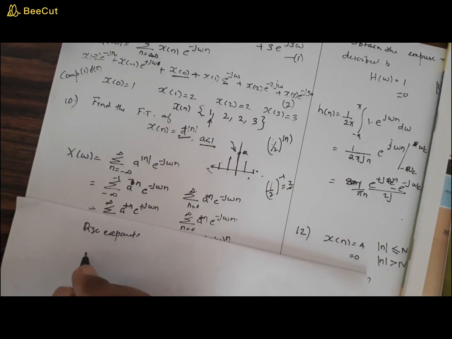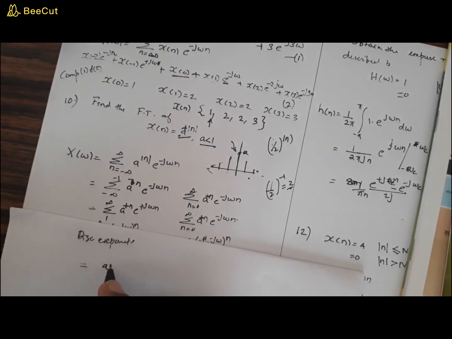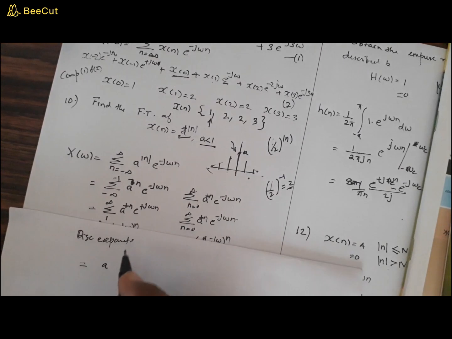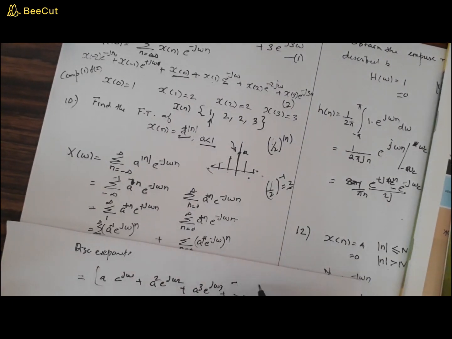As you put values for n equal to 1, you will get e raised to j omega plus a into e raised to j omega, 2 plus a square, a cube into e raised to j omega 3, etc. So this is how it works.